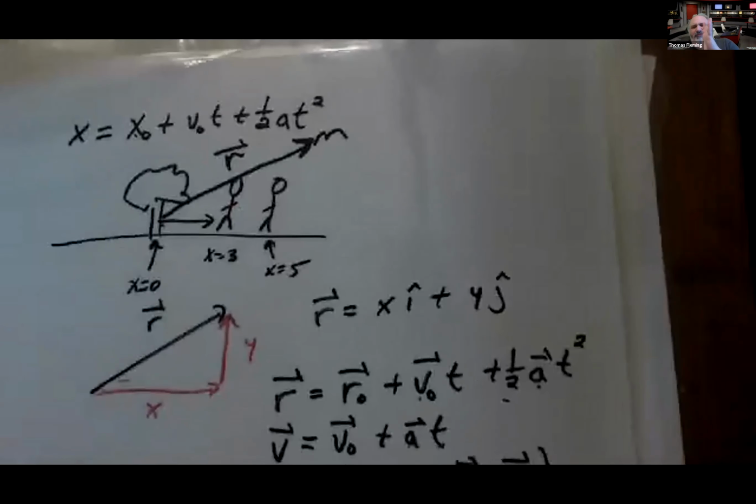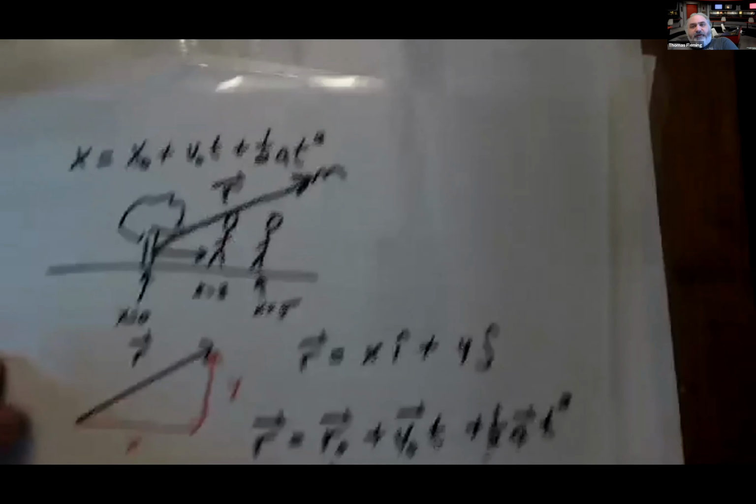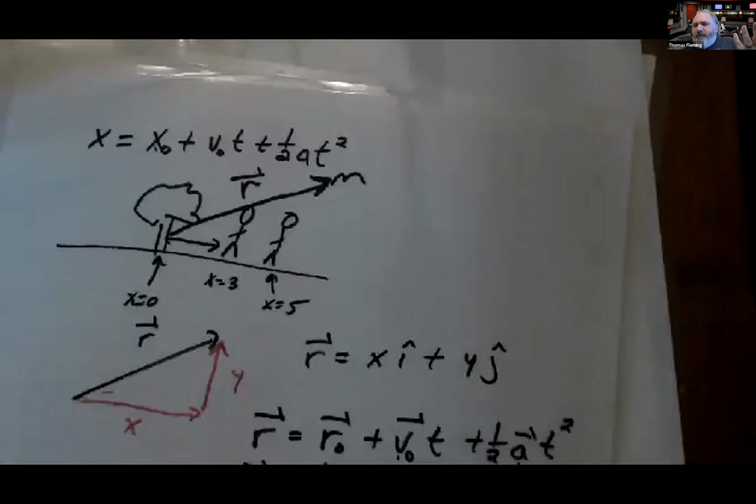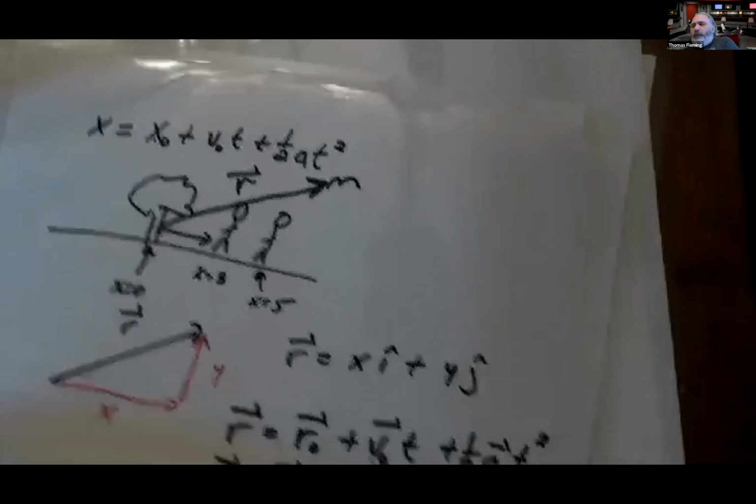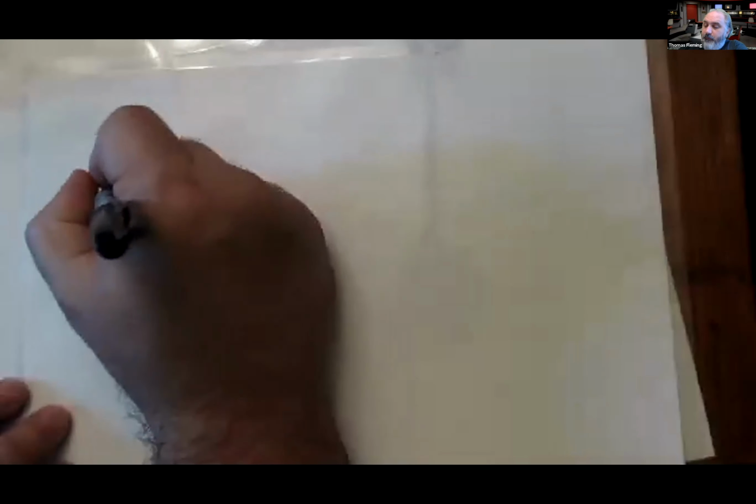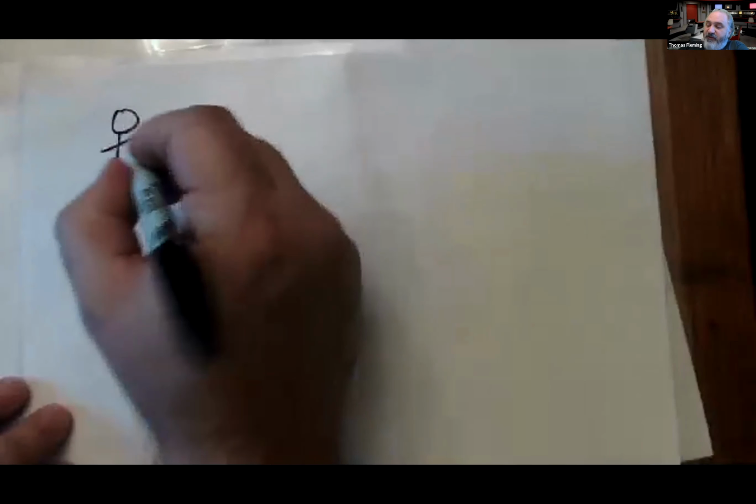So let's see if we can't put this to practice. Let's actually just do a problem, because really all the pieces we need, we already have. So let's do the most generic two-dimensional kinematics problem I can think of. I got a dude, and he's going to kick a football.